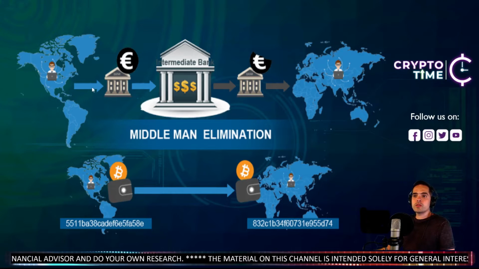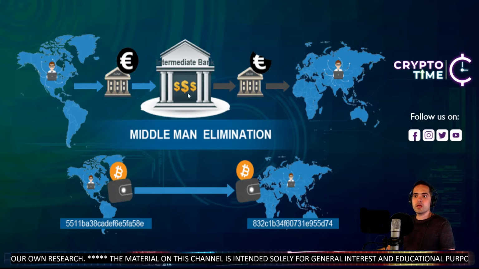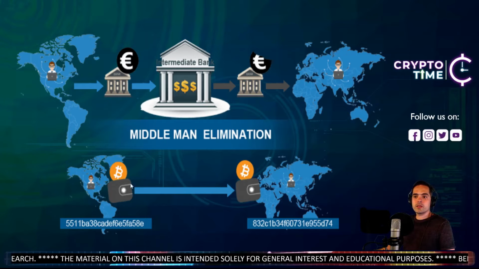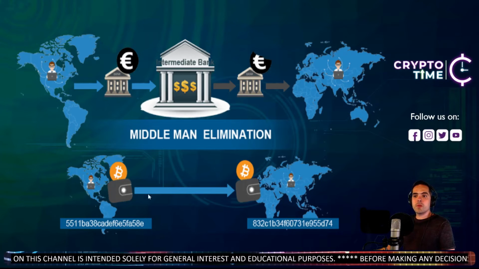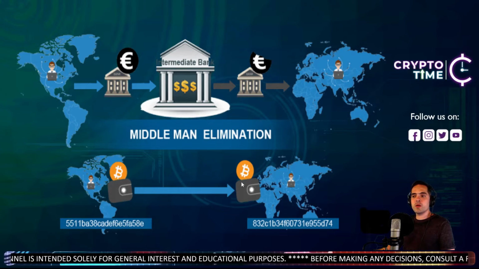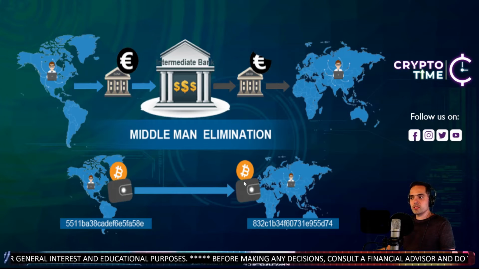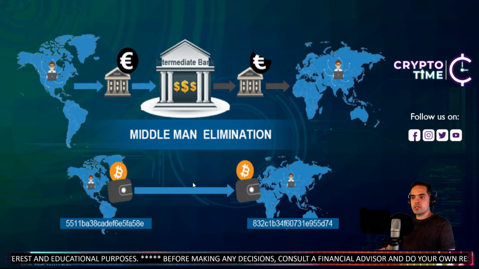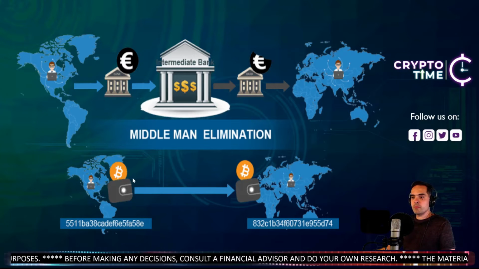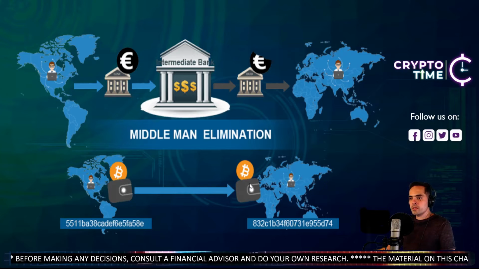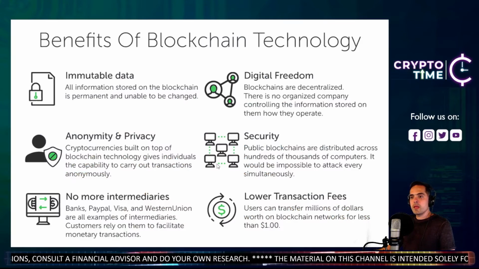So if I want to send money to another person in another country, I don't need a bank to do that. I can send it to another person using the blockchain. In this example, it's using Bitcoin, but there are more cryptocurrencies that use the same idea or try to use the same idea. Bitcoin here is used as an example, so it's fine. So we cut the middleman.